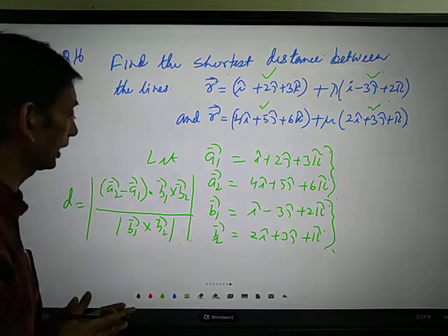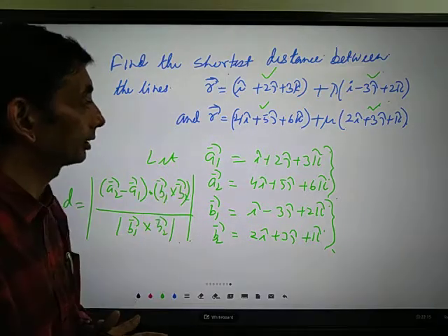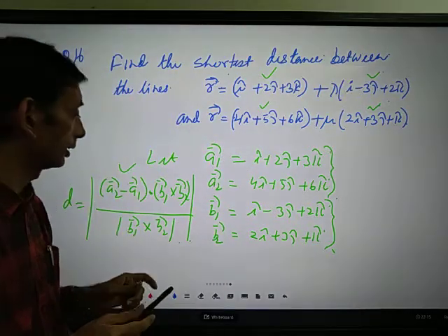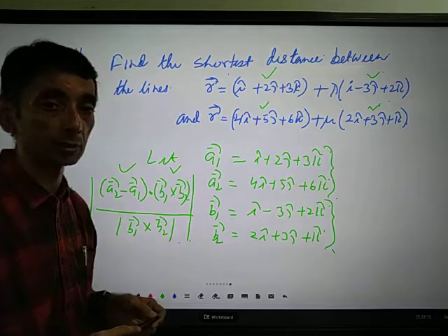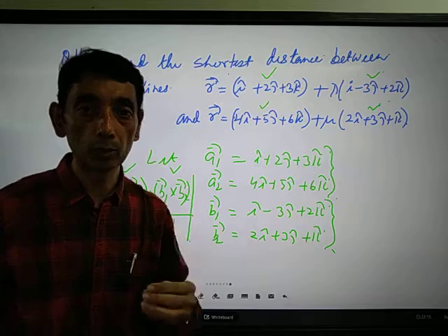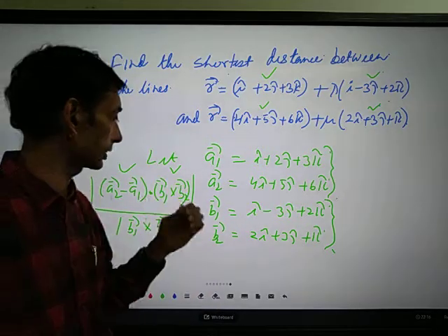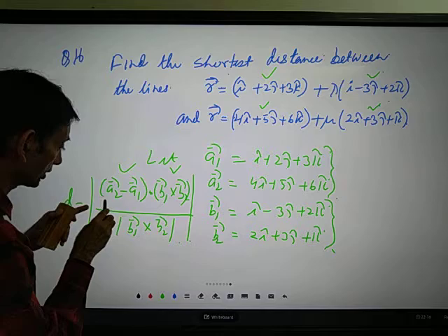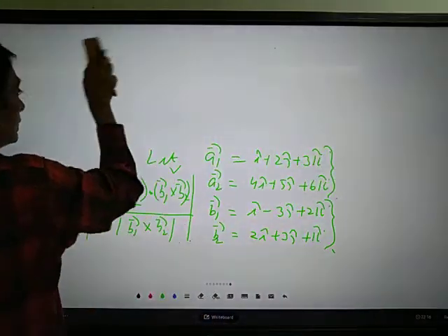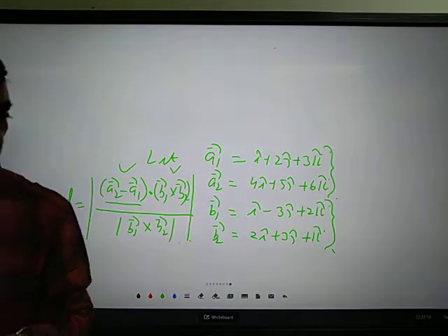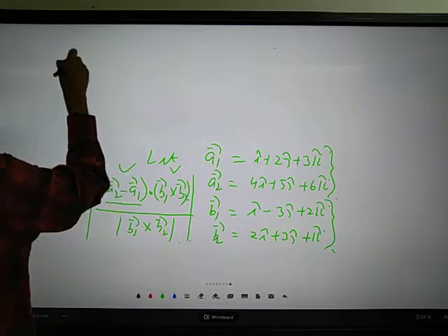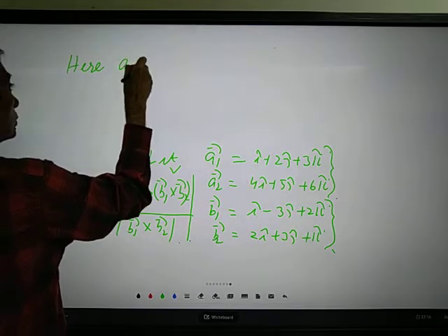So in case you want to find the distance between the two lines, you need to find a2 minus a1, then b1 cross b2, then mod b1 cross b2. We'll find them one by one. First we'll calculate a2 minus a1.